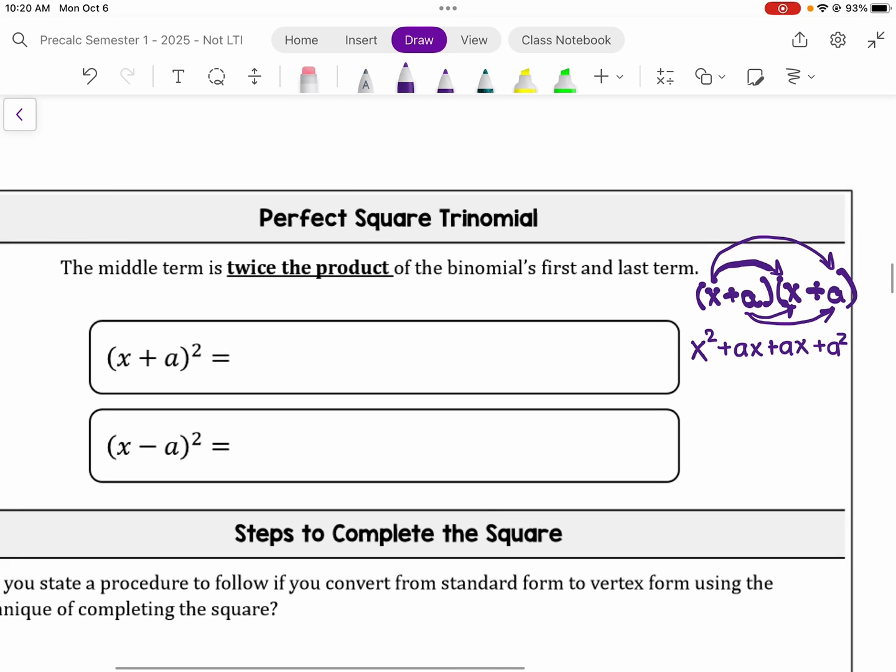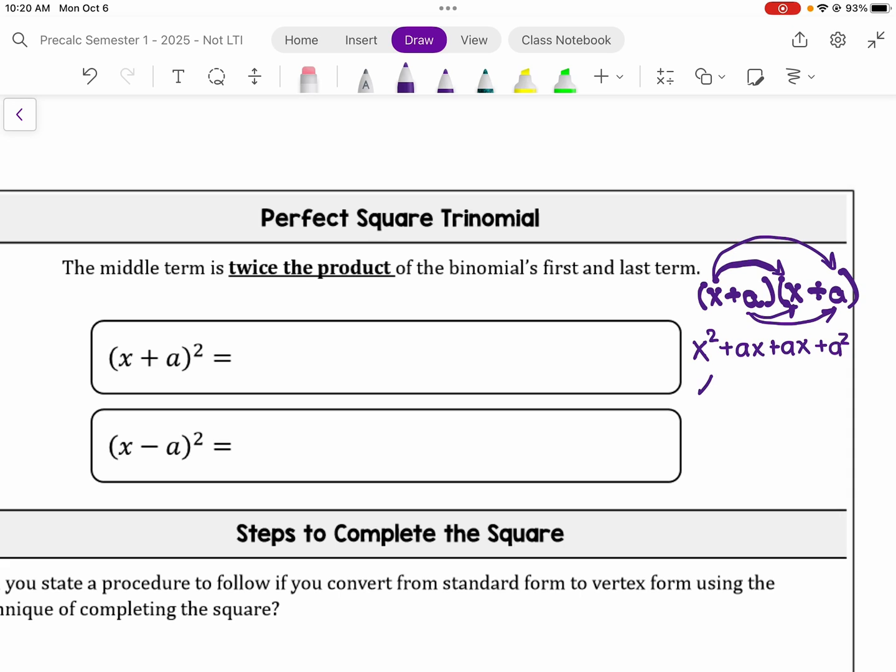And so then I would have x squared plus 2ax plus a squared. So the part you're missing there is that middle part, and it's always just double multiplying these two together. So if I multiply those two together and double it, that gives me my middle term.